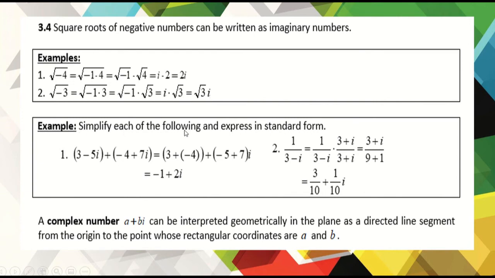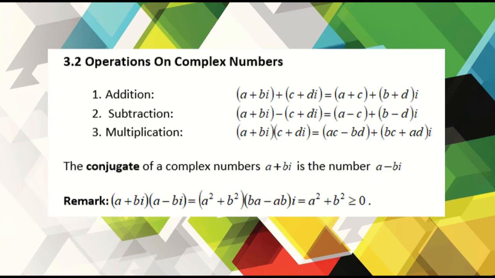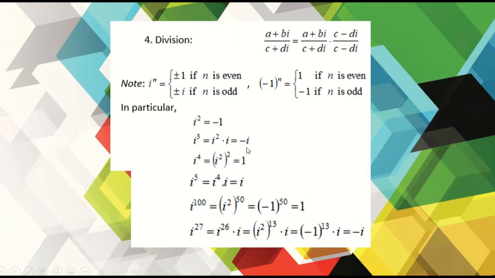Another, simplify each of the following and express in standard form. Number 1, quantity 3 minus 5i plus quantity negative 4 plus 7i. That is equal to, so where do we simplify? Based on our formulas, last time we covered the addition, subtraction, multiplication, then we have the division.